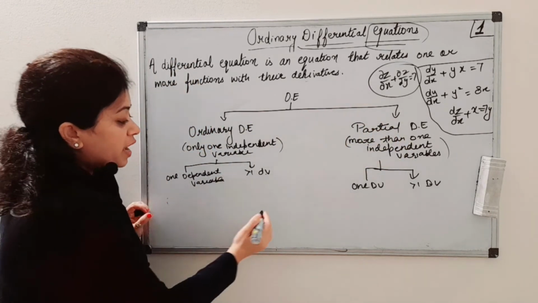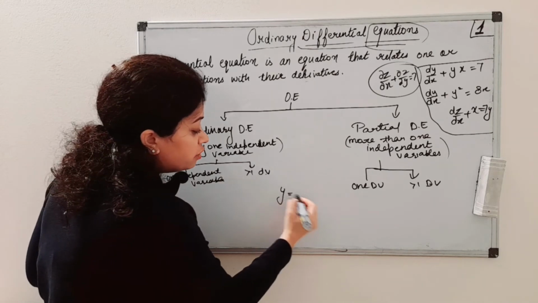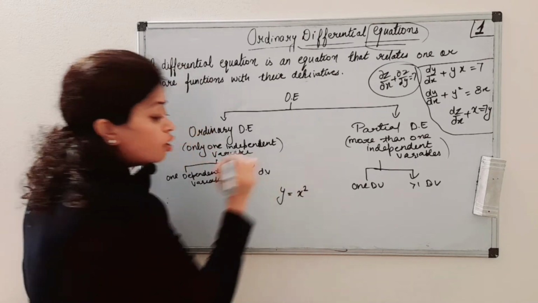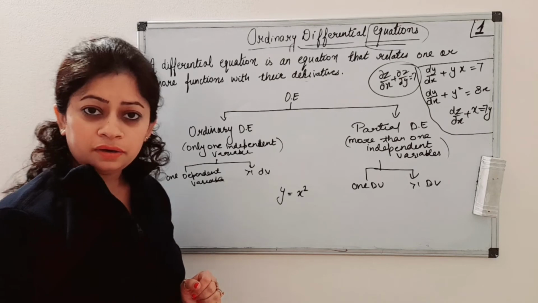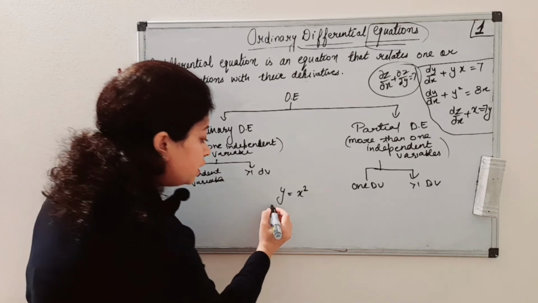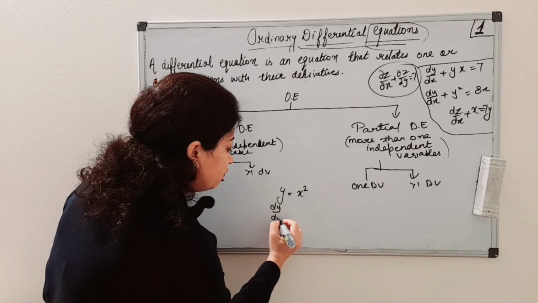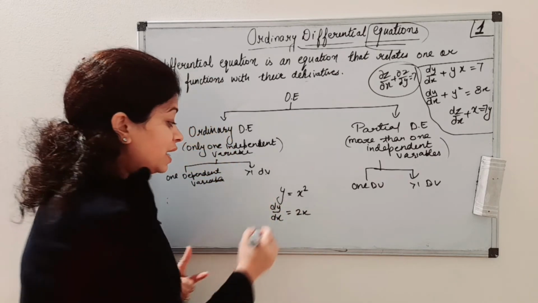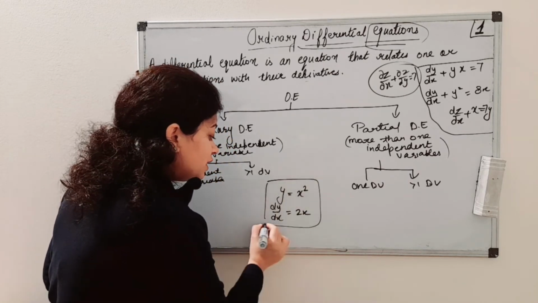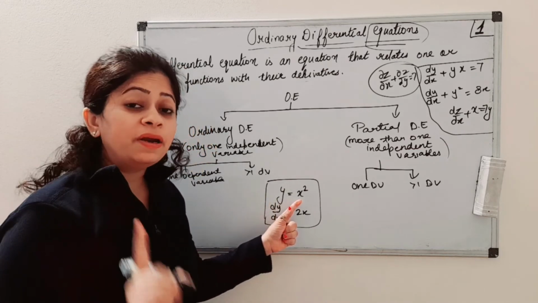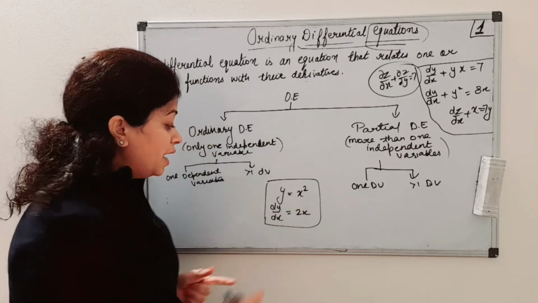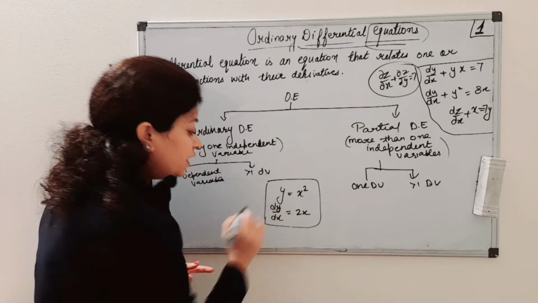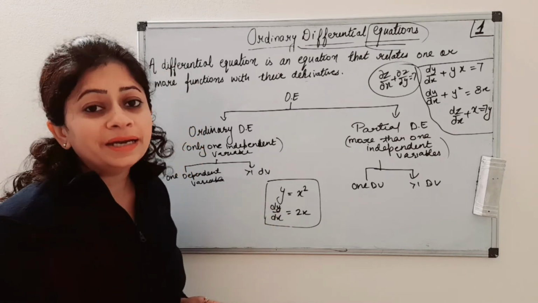If we have a function which is dependent on only one variable, and we find the derivative dy by dx equal to 2x, then we say that in this function we have only one independent variable, and we find an ordinary derivative.